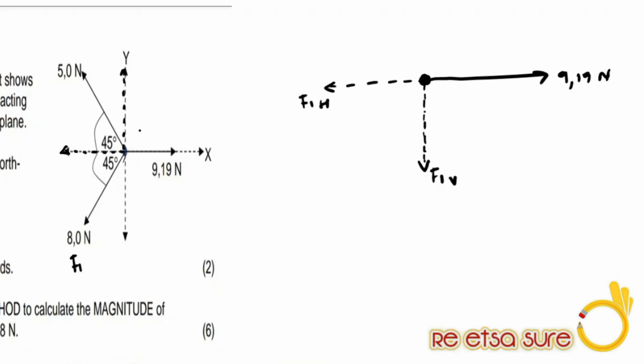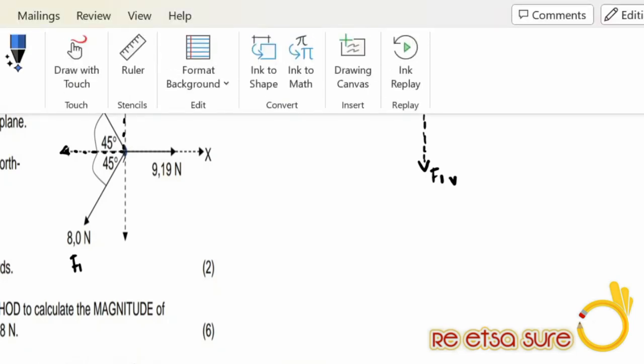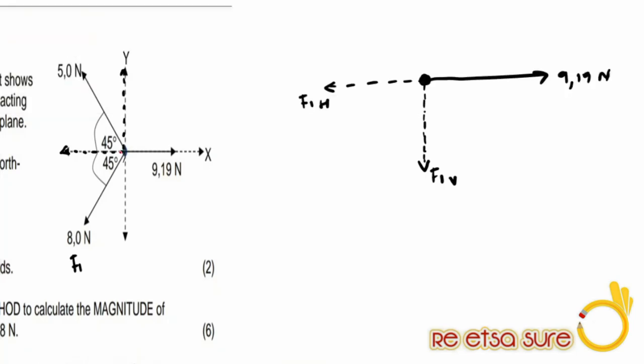The method that I have used here is the tail to tail method. If I wanted to use the tail to head method, it was going to be something like this. I hope you can see what I was trying to do.